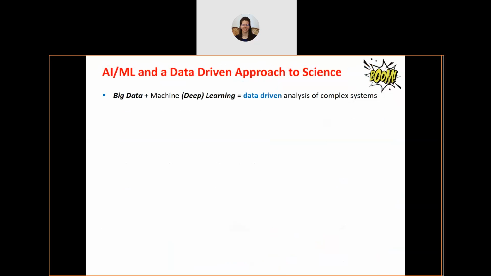AI and machine learning, it's not all so bright. And we are seeing more and more often the challenges and the limitations of dealing with everything in a data-driven approach. If you think about science in general, it depends a lot on the field, but in the past, everything was about trying to model systems.